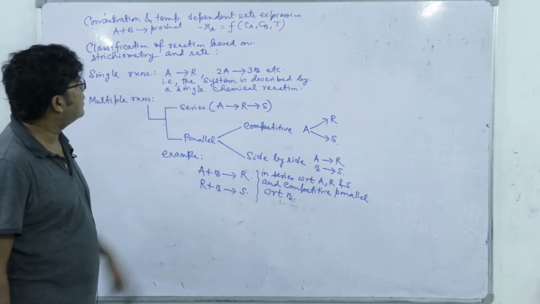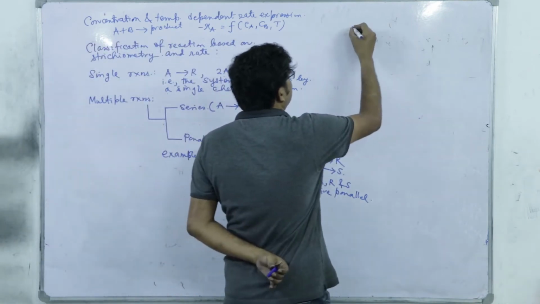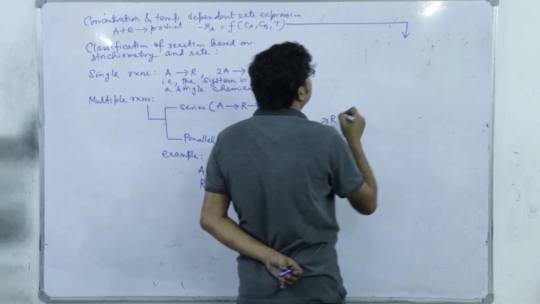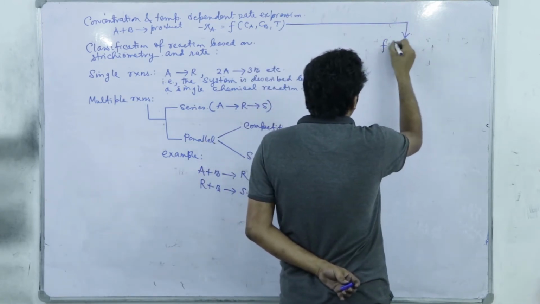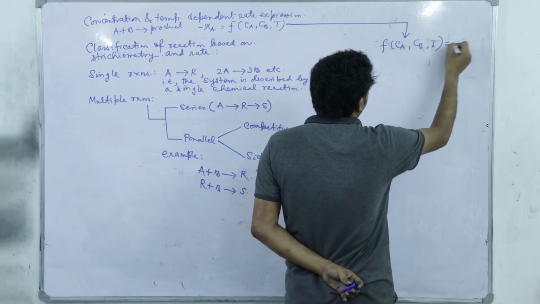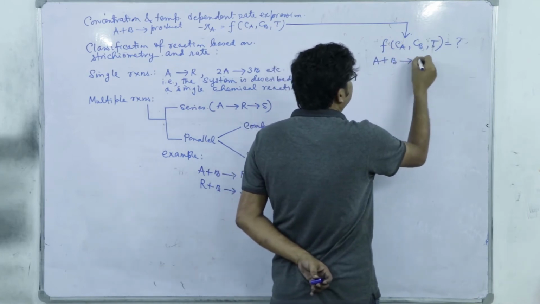Now, if I focus on rate, first let us discuss about this functional form, right. So, what will be this function where the reaction is A plus B giving product?